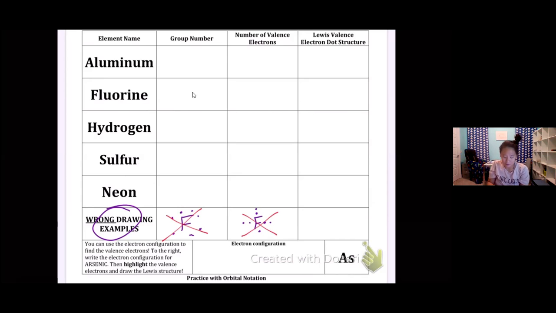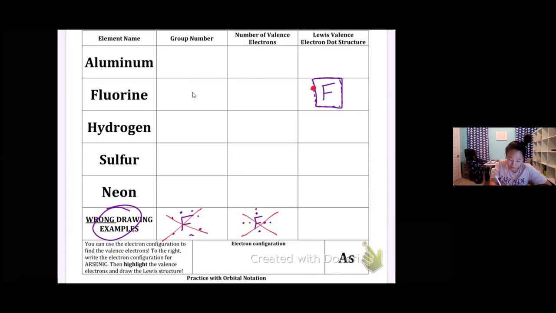You don't want to draw it messy. It has to be really organized, and you want to draw it as if you have an imaginary box. What do I mean by the imaginary box? I'm just going to draw it somewhere over here. If you have fluorine, you imagine that there is a box surrounding it, and you have to put the dots around it.